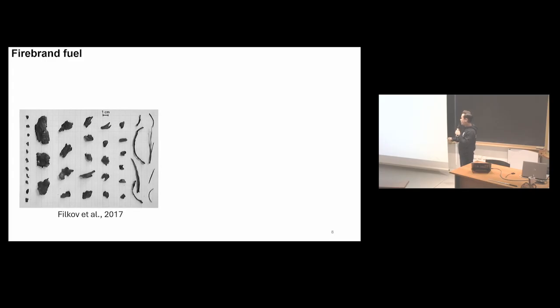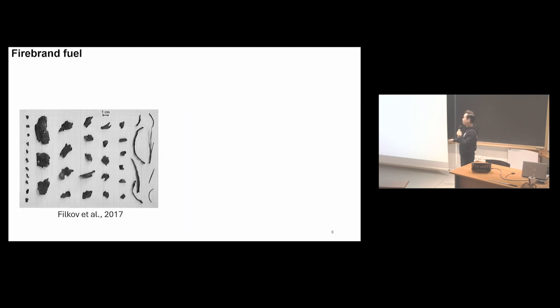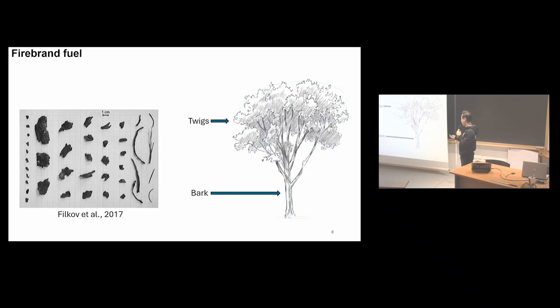Those firebrands generate from small parts of the tree, like twigs and bark. So the bushfire does not burn up the whole tree; firebrand is generated from these small branches and bark.